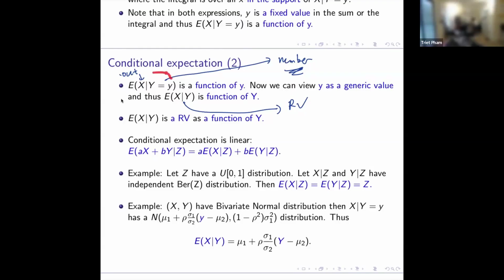This is a possible value that this random variable can take, but taking this as a random variable itself is a huge difference. In other words, you can take expectation or variance of the random variable, but taking expectation or variance of the number actually makes no sense or is pointless. So it's not just a symbol swap or just confusing people. These say two very different things. One is a numerical value, and one is a random variable. You understand?